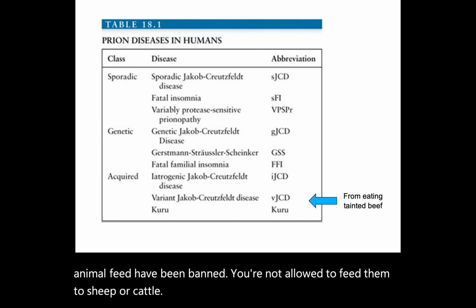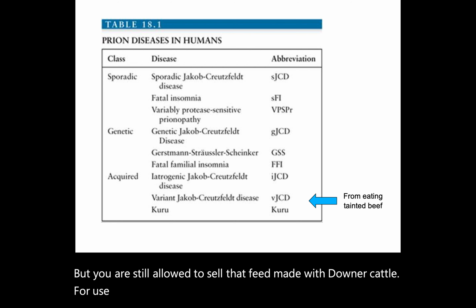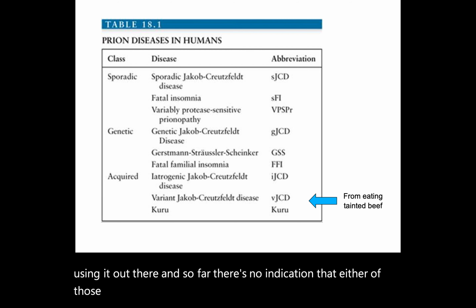But you are still allowed to sell that feed made with downer cattle for use in feeding chickens and in feeding fish. So, yeah, we're still using it out there, and so far there's no indication that either of those animals has a prion protein that's capable of reacting and causing the prion disease.